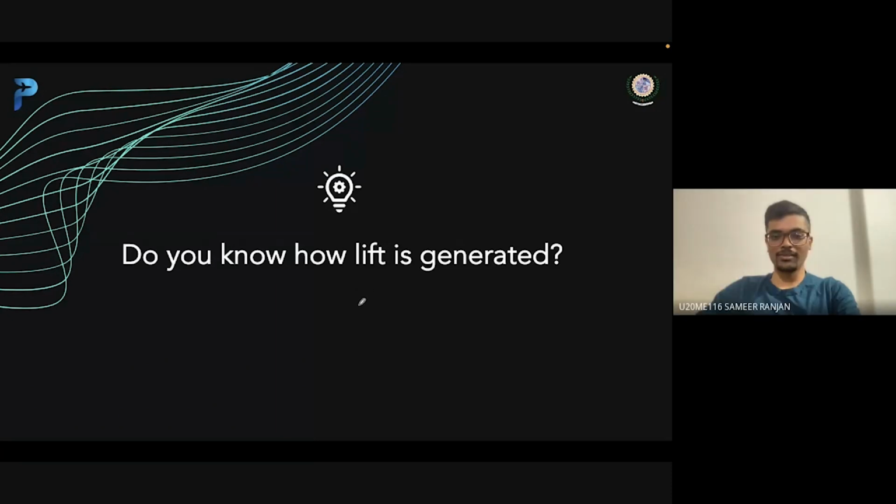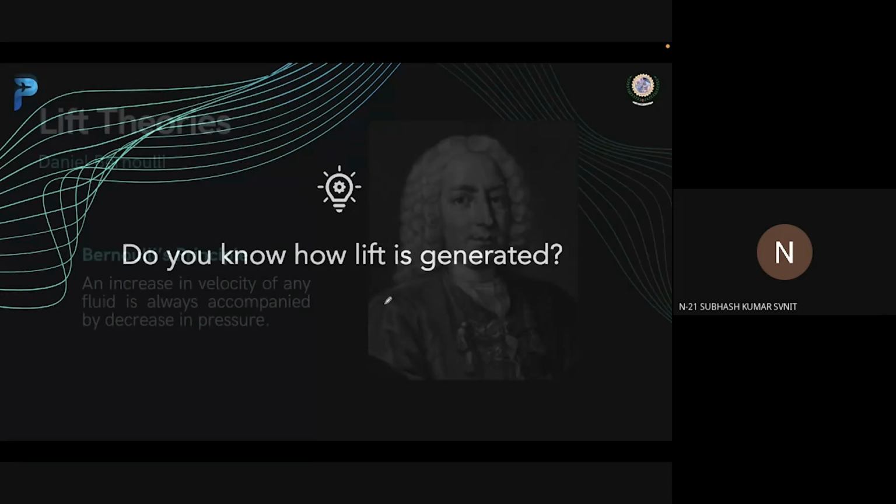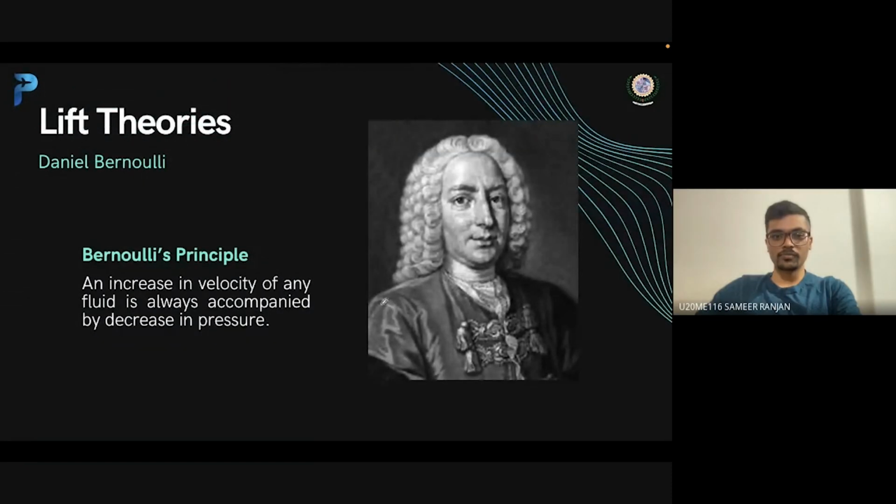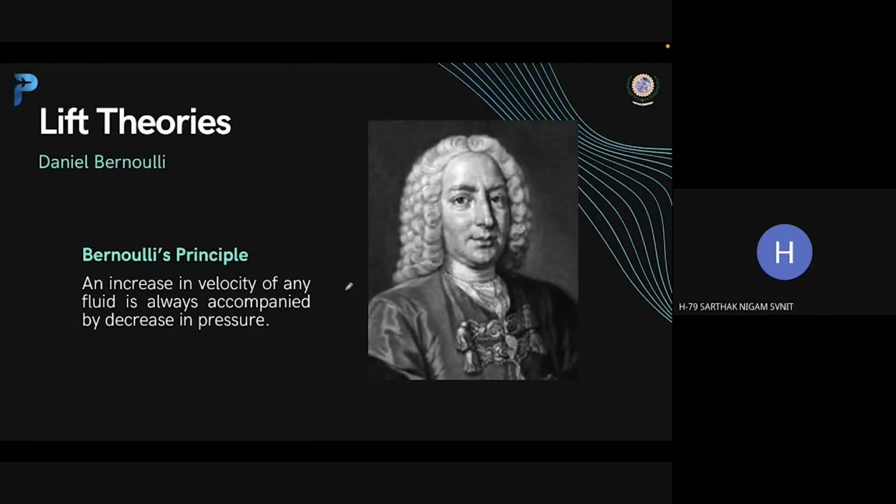You are all close enough, but I want the precise answer. Let's see in detail what's exactly behind it. Bernoulli's equation, half rho v square.